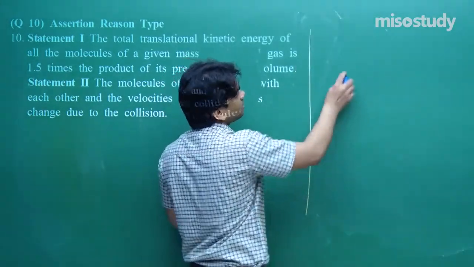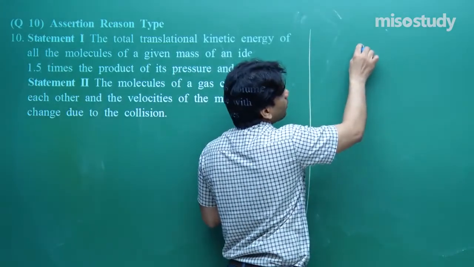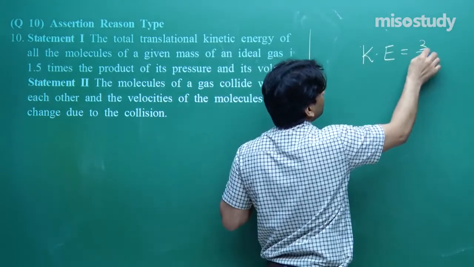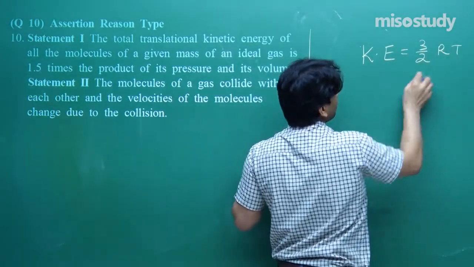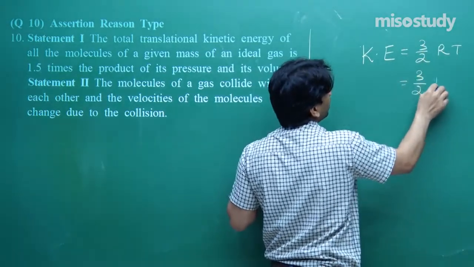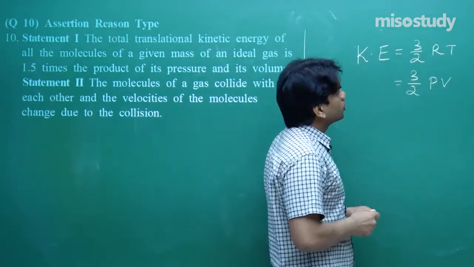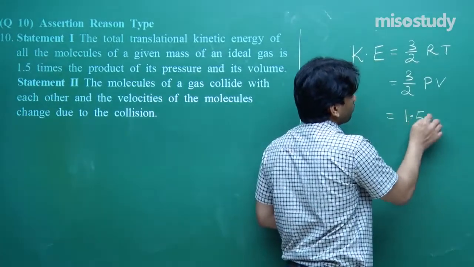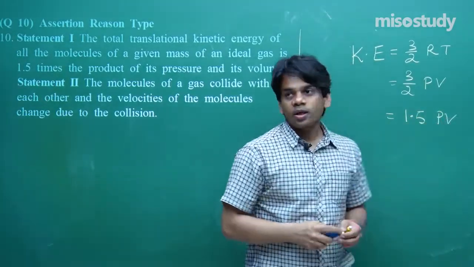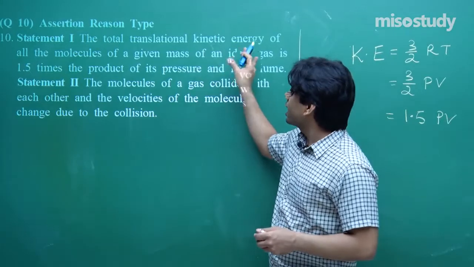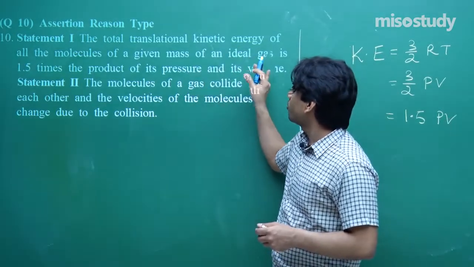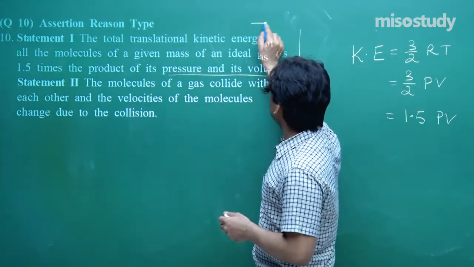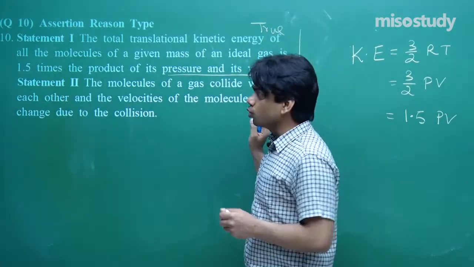The total translational kinetic energy, we all know, is given as 3/2 RT, and 3/2 RT can be written as 3/2 PV, so that is equal to 1.5 PV. So statement number 1 is true.